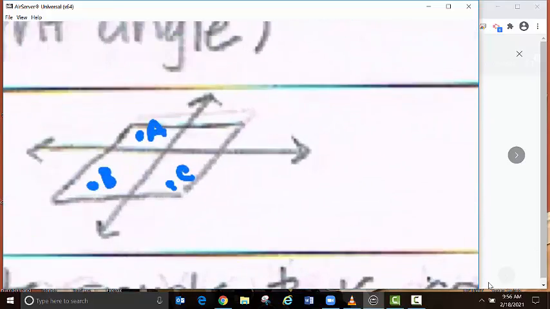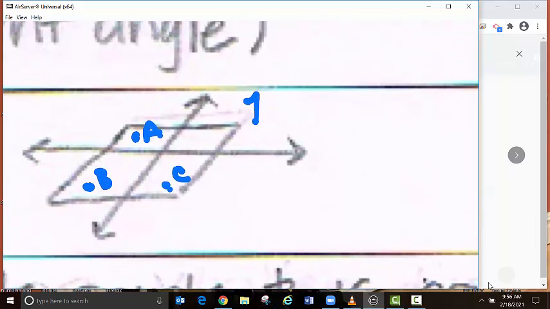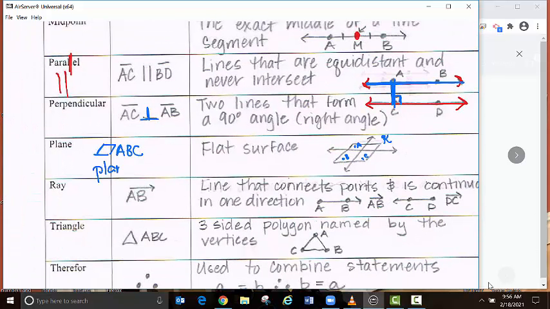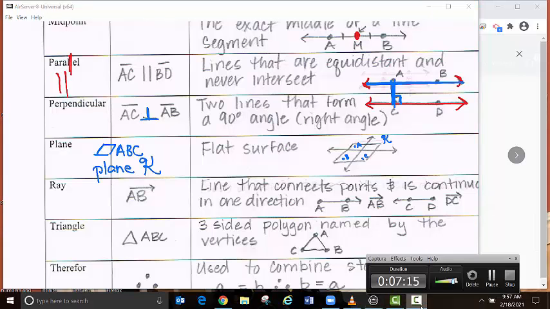We could also name it something like fancy letter K. It is plane K. So you can use 3 letters to name it, or 1 fancy uppercase letter. All right, why do you guys think it takes 3 points to name a plane, not just 2?